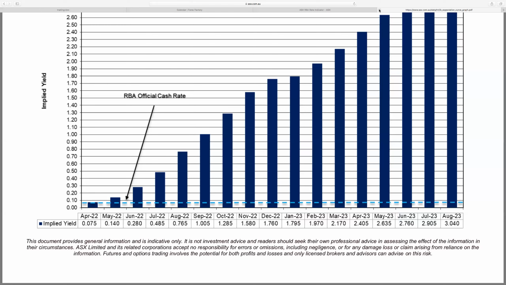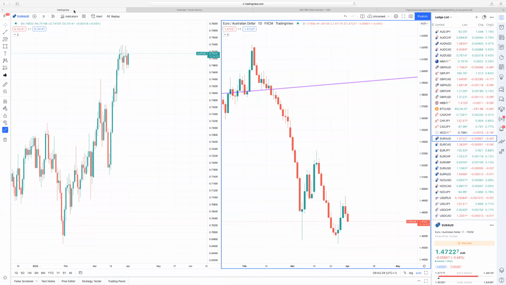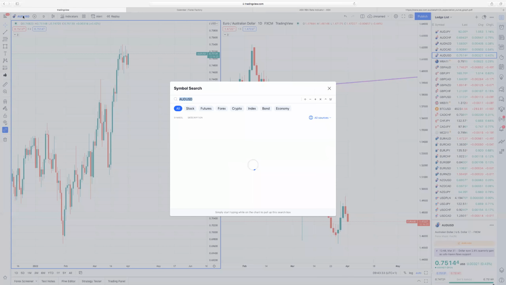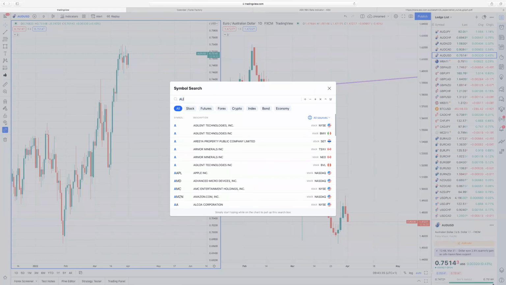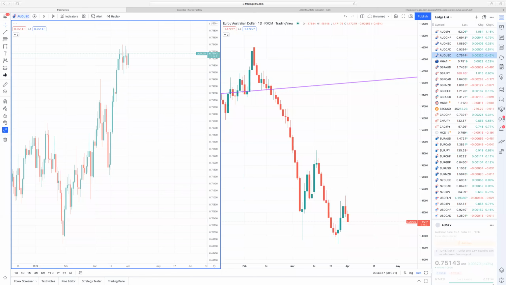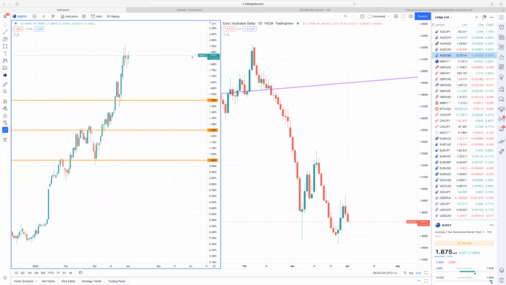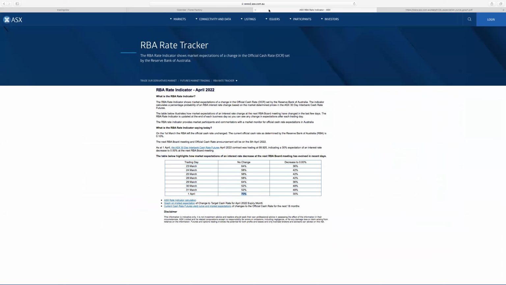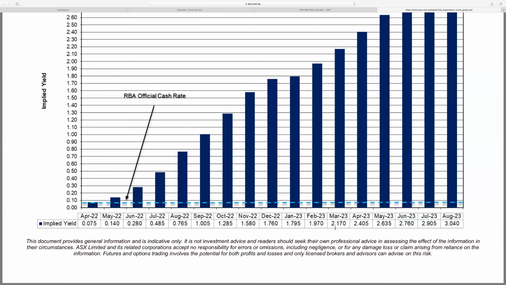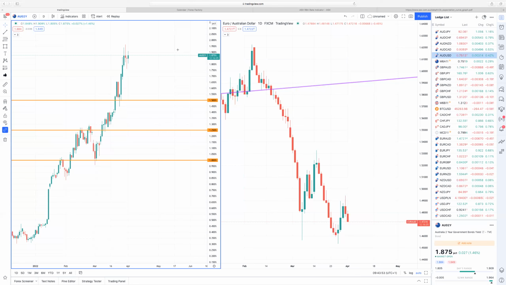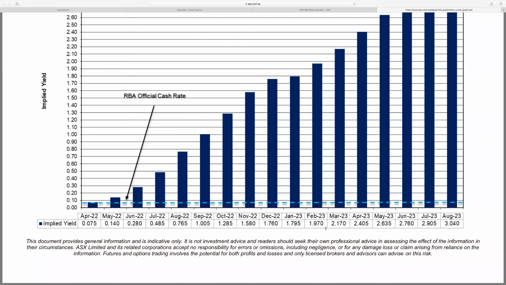And there is a better way of looking at this more real time. If you have a look at the Australian 2-year yield, that will give a little bit more of a giveaway. Again, here market is roughly pricing in where yields will be by the end of the year. So the 2-year yield is sitting at 1.875, and implied yields are here.